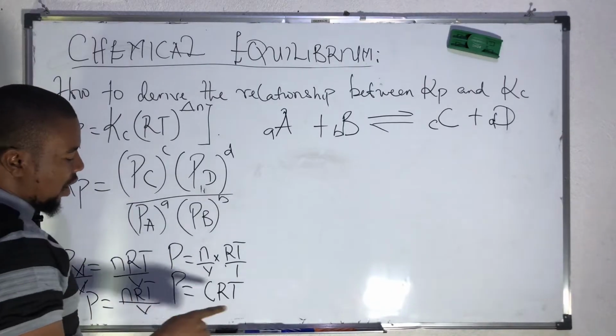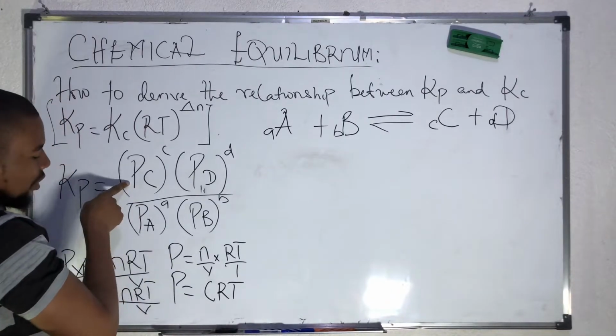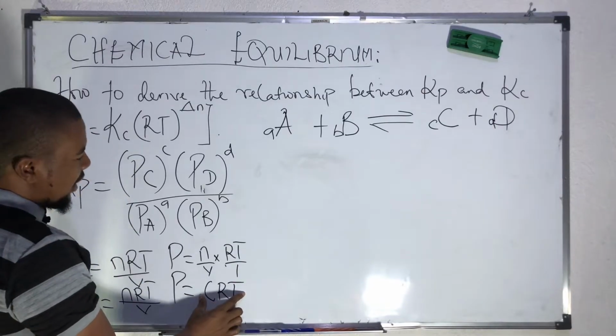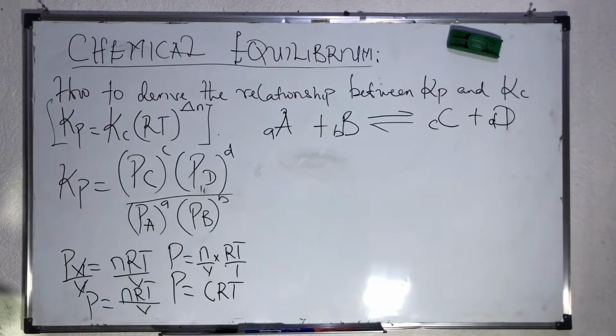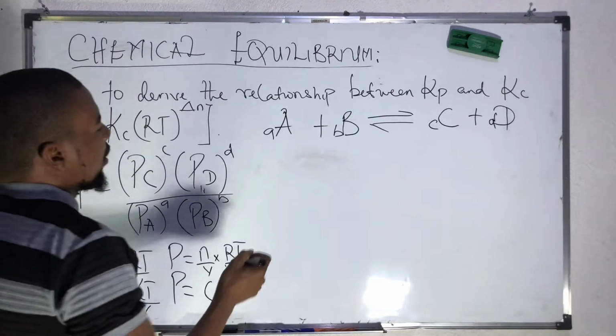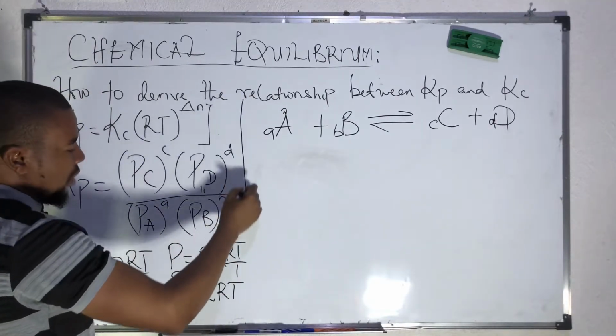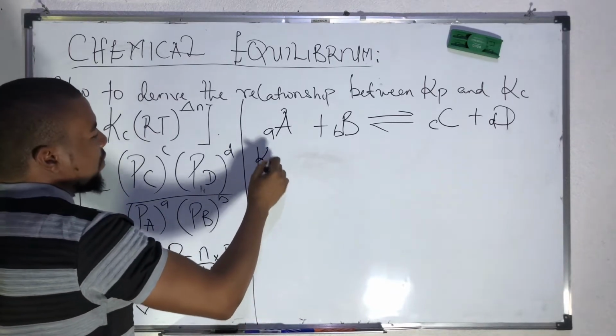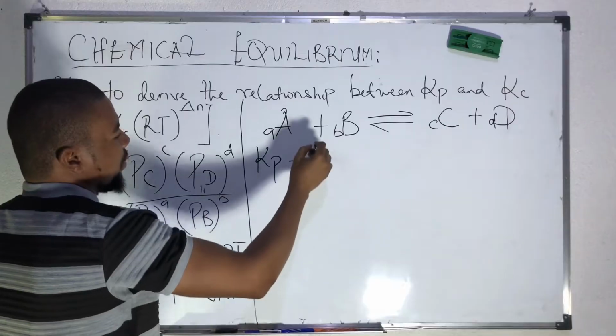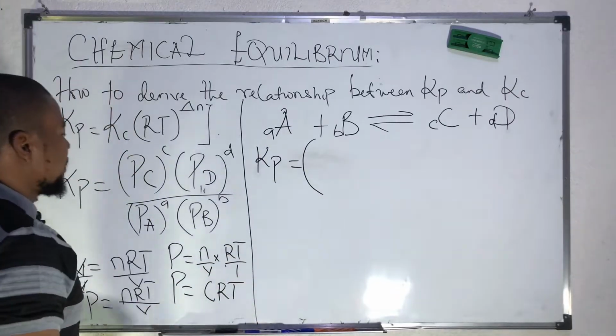Next up, we're now going to substitute the CRT for pressure. What's going to happen right now is that wherever we see pressure, we replace it with CRT. Okay? So let's go ahead and do that. Let me continue from here. So right here, we have that our Kp equals, I'm going to open a very big bracket here.